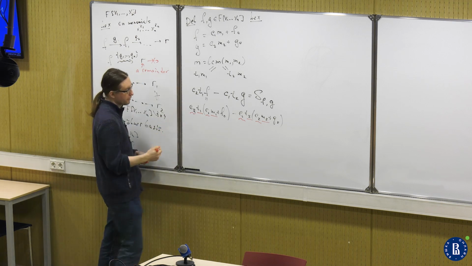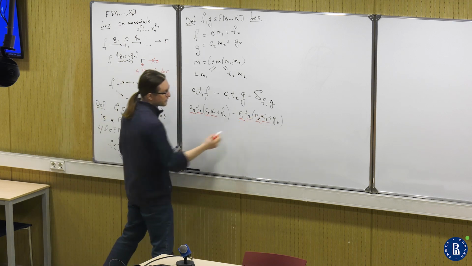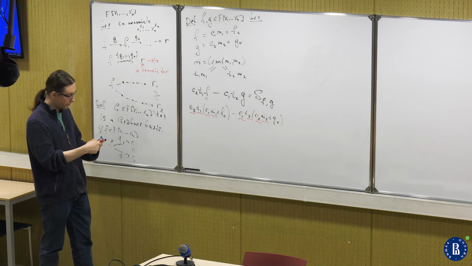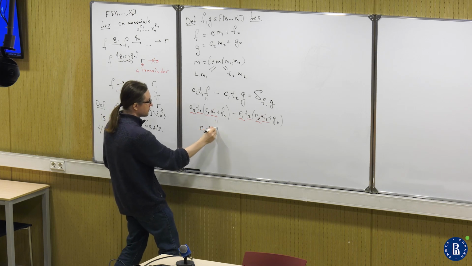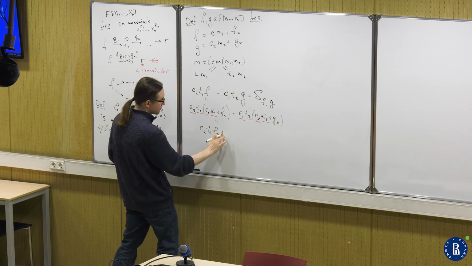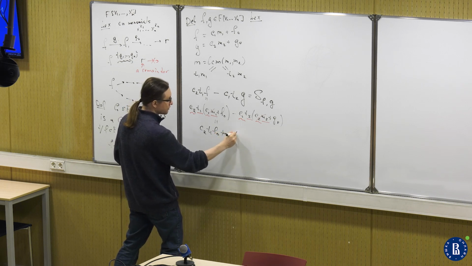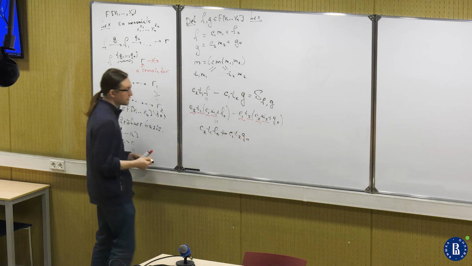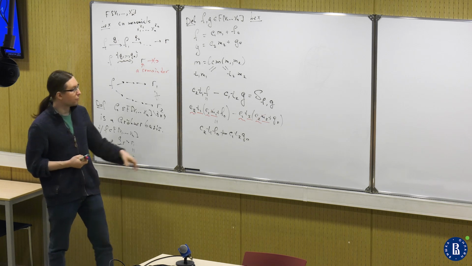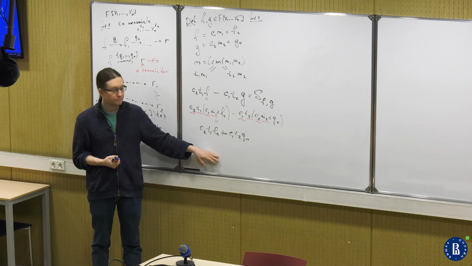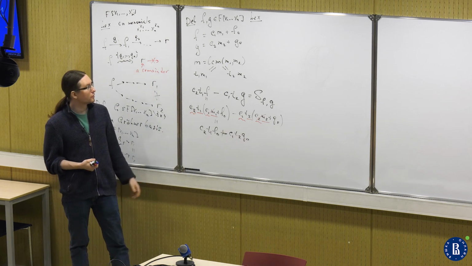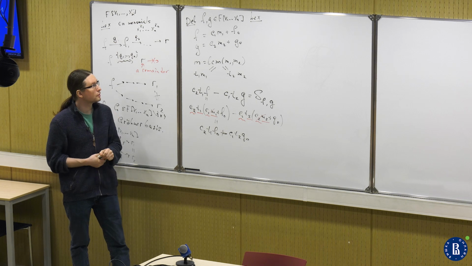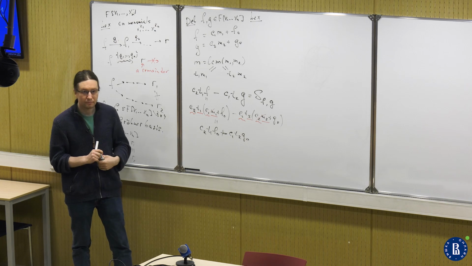So after opening the parentheses, this thing and this thing cancel each other, and the result will be C2 T1 F0 minus C1 T2 G0. So this is another expression for the S polynomial when you use the tails and the corresponding monomials. So this is by definition the S polynomial of two polynomials.